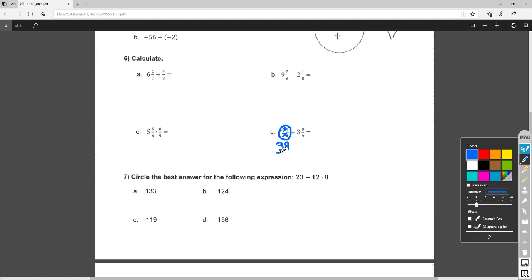So 39 over 5 divided by, and then now I'm going to change my second mixed number, so 3 times 9, 27, 27 plus 8 gives me 35 over our 9. Okay, so once we've changed each of these to a fraction, now we're going to have to change them so they have the same denominator. So looking at my two denominators of 5 and 9, I know my common denominator would be 45.